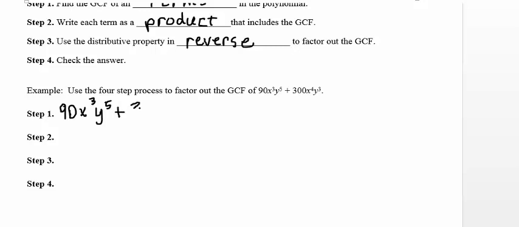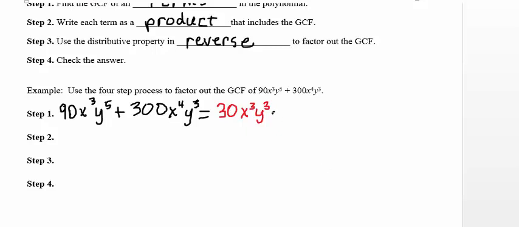We already know that the GCF is 30x cubed y cubed. So we're going to rewrite this so that each term is the product of 30x cubed y cubed and some other expression.